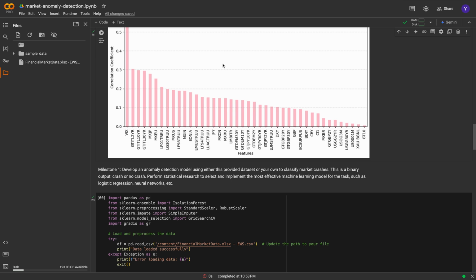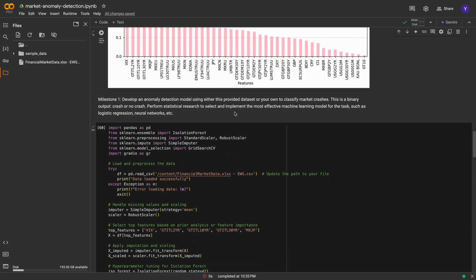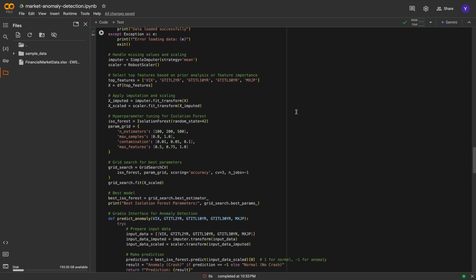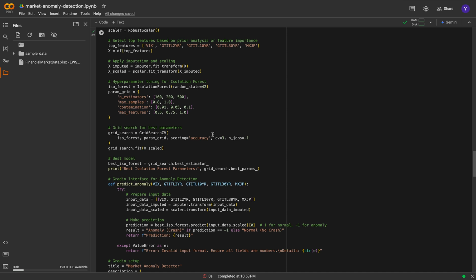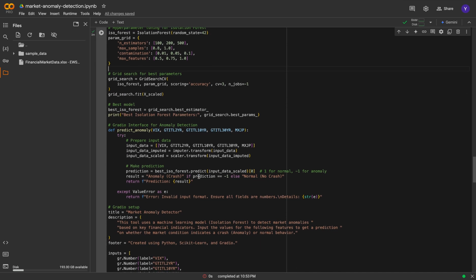After I finished with my data, I went ahead to complete milestone 1, which was to develop the anomaly detection model. So I loaded the data, I added the 5 top features, and implemented grid search for parameters and the isolation forest.